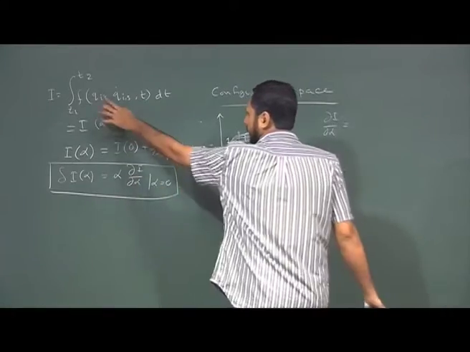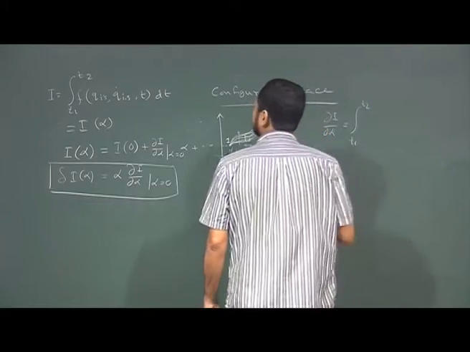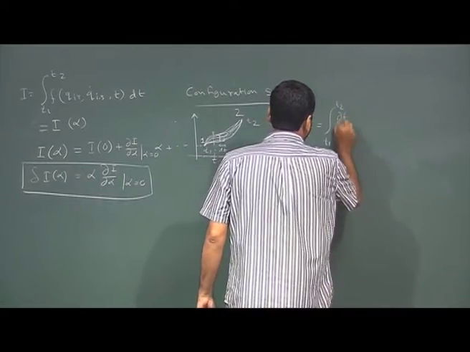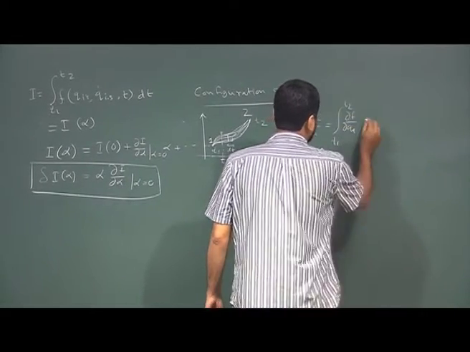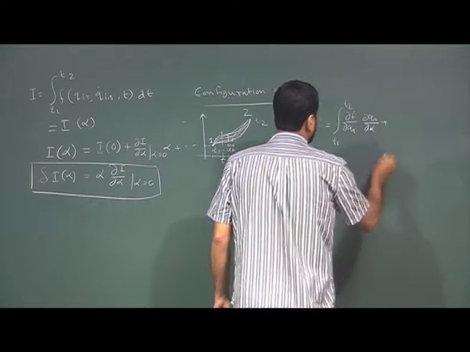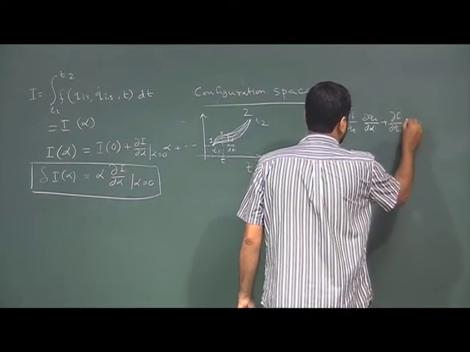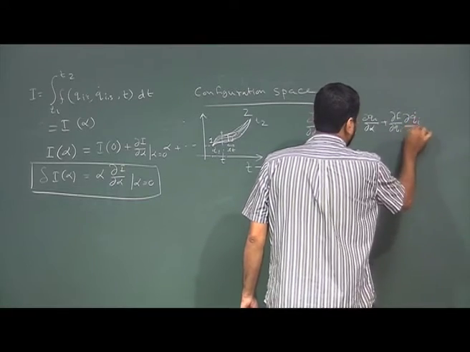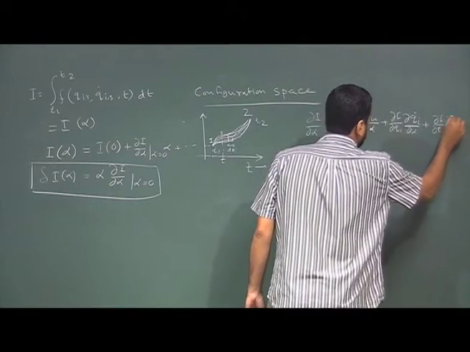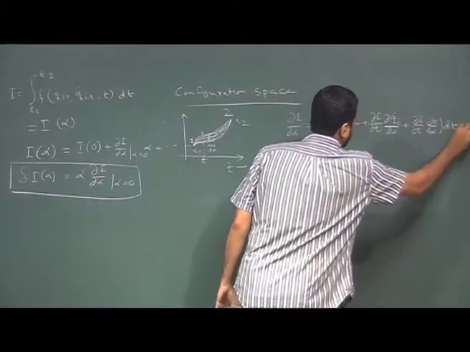So, del I del alpha is nothing but the integral from t1 to t2 of del f del q_i del q_i del alpha plus del f del q_i dot del q_i dot del alpha plus del f del t del t del alpha, integration dt.